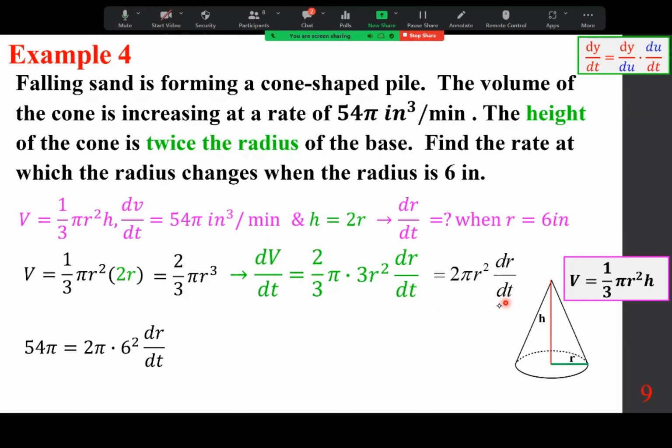So let's replace the dV dt by its value 54 pi. Let's replace the r by its value 6. And as you can see, this is 36 times 2 pi gives us 72 pi dr dt. We are going to divide both sides by 72 pi.